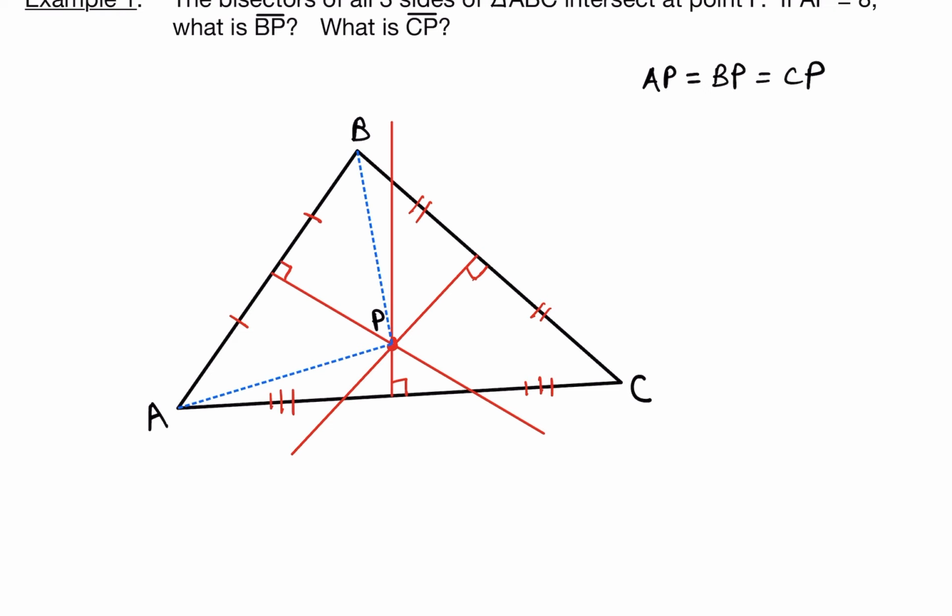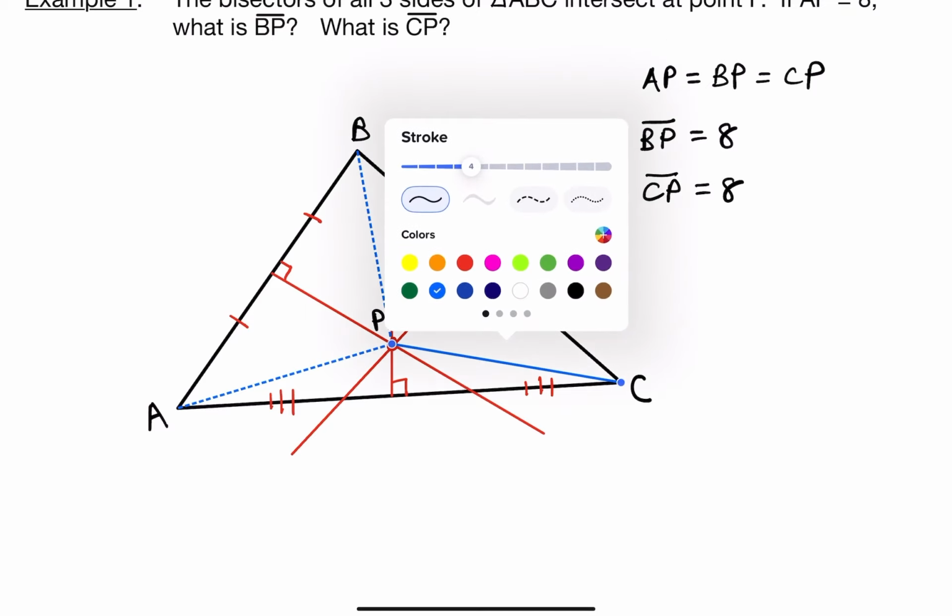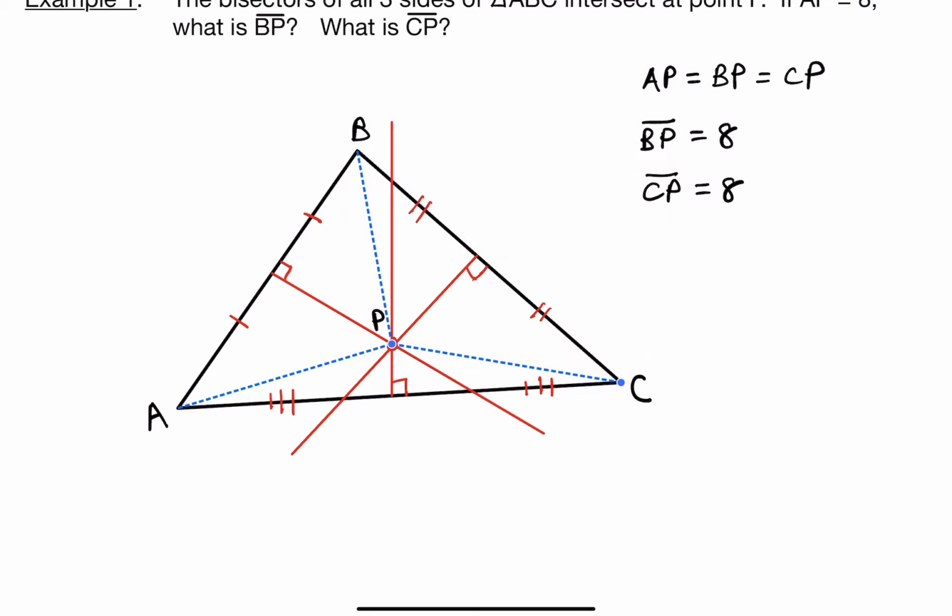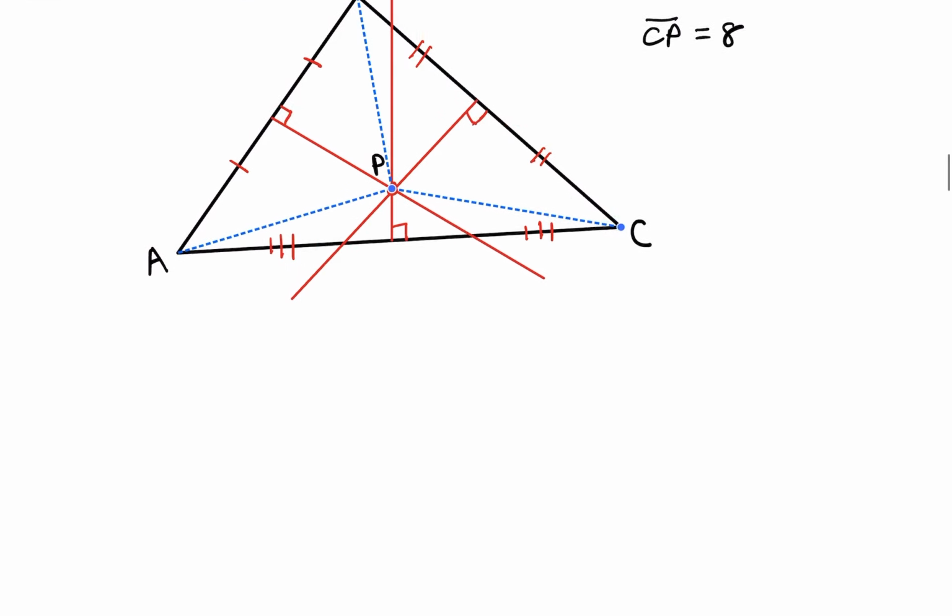So if AP is 8, then segment BP is 8, and segment CP is also equal to 8. Let's go ahead and finish drawing segment CP so that you can visually see that those lengths are equal. Now there's also something to note about this particular theorem. So let's go to this next section here.